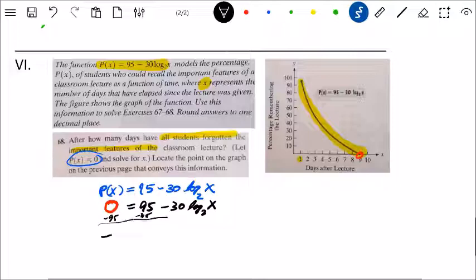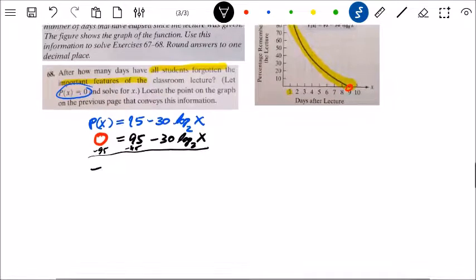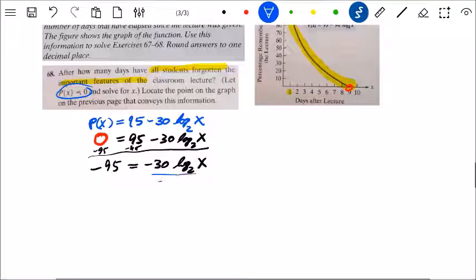So we have negative 95 equals negative 30 log base 2 of X. We're going to divide by that negative 30 on both sides. So it should have been like minus 95 here. Negative 30. And so we get here, the negatives cancel and 30 goes into 95.